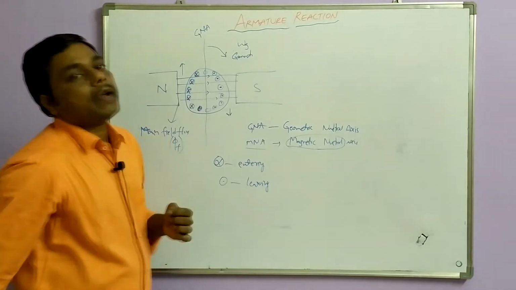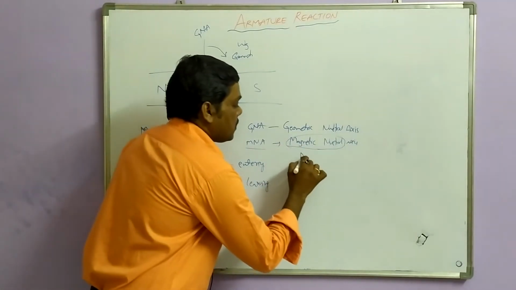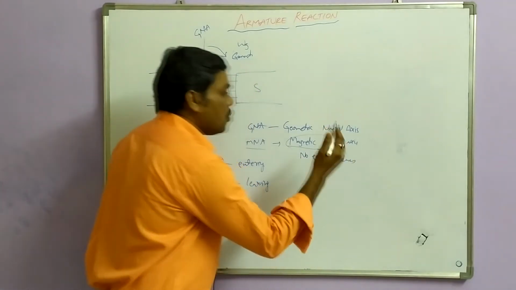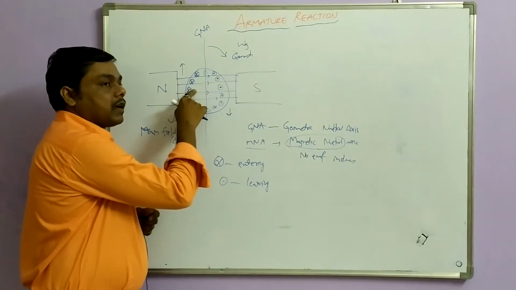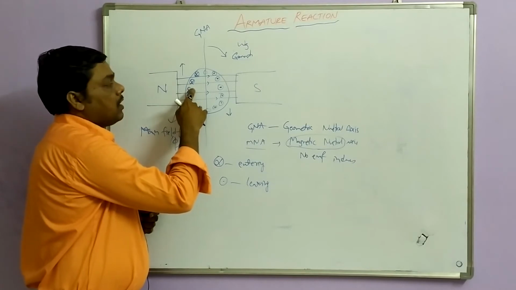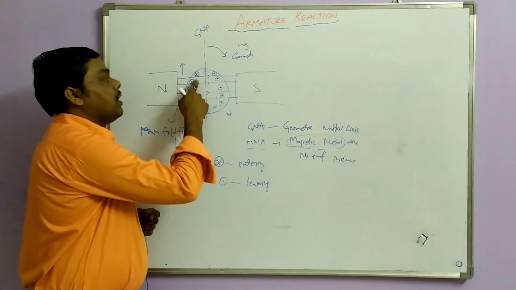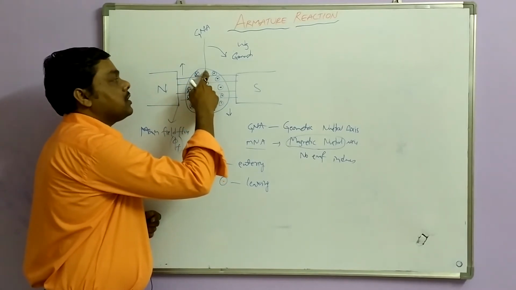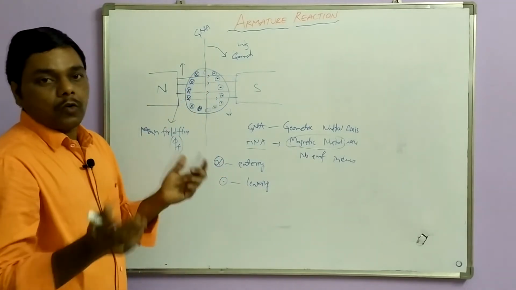So what is meant by magnetically neutral? It is the position of conductors in which no EMF is induced. You can see here, this conductor carries a lot of current, and as we go upward there is somewhat less current, and again going upward there is somewhat less current, and finally when this portion is reached, there is no current carried by this conductor, so there is no EMF.